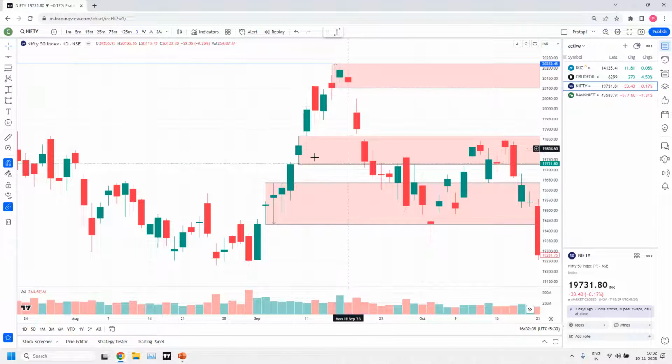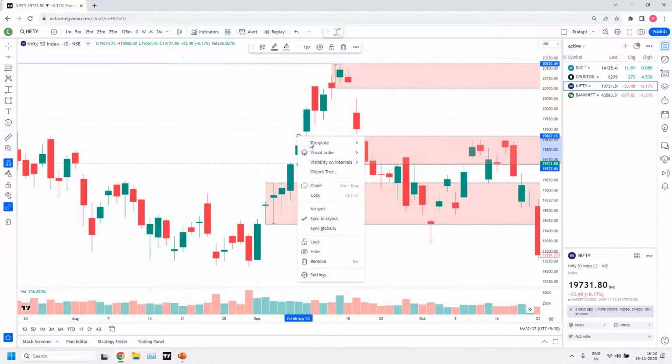And this supply zone, sorry, let me change the color.